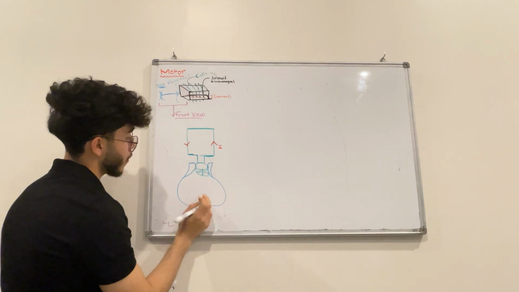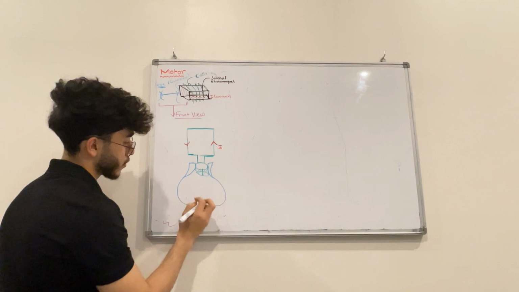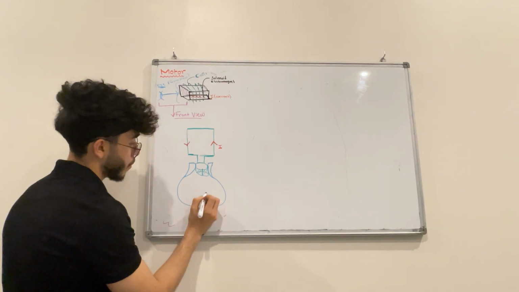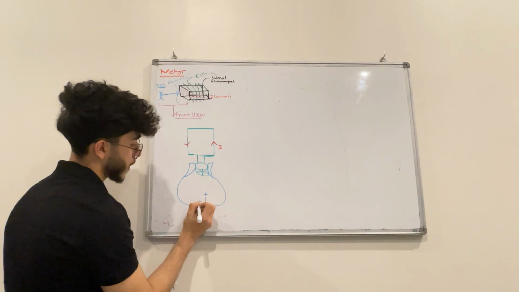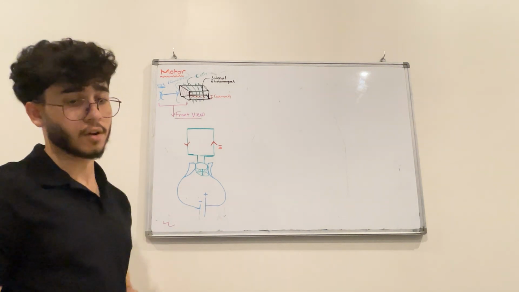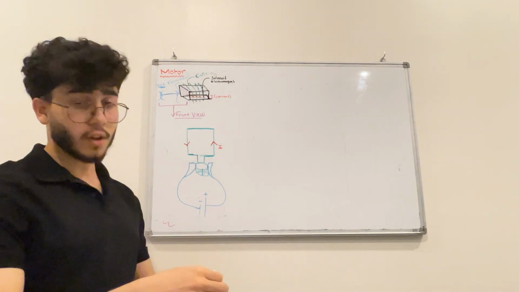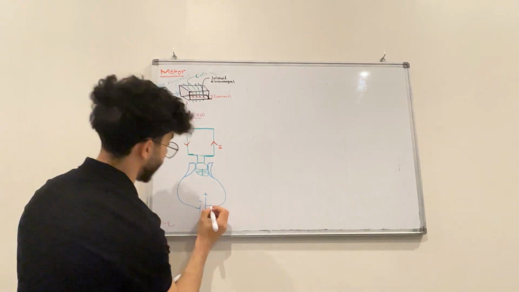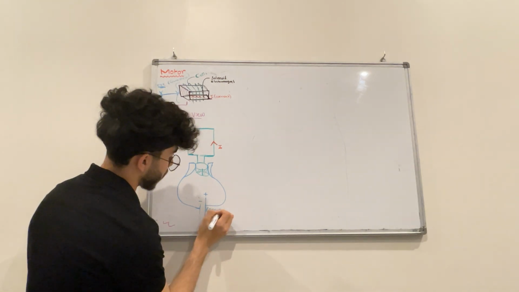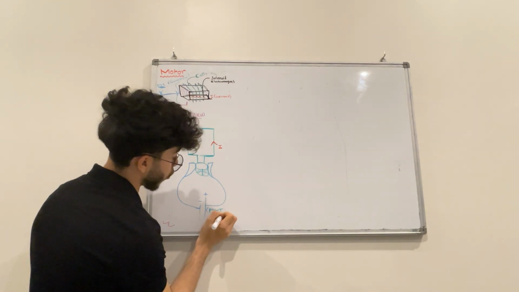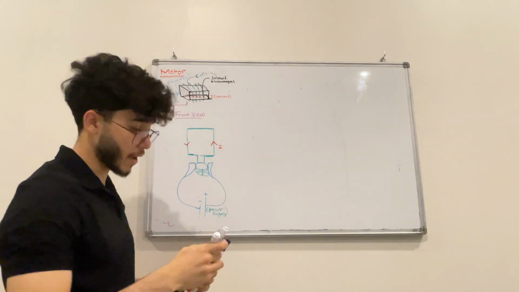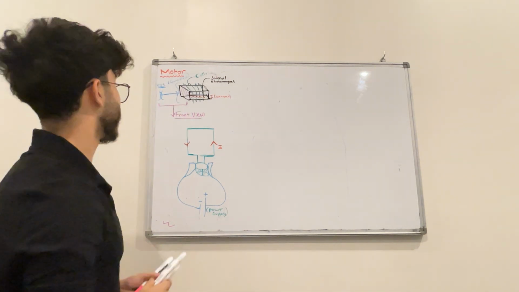Actually, let's draw it like this to make it more accurate, with positive and negative terminals. This is what you can call the battery, or you could call it the power supply as usual, like we drew it in all of our previous solenoids. So let's not get confused over here.